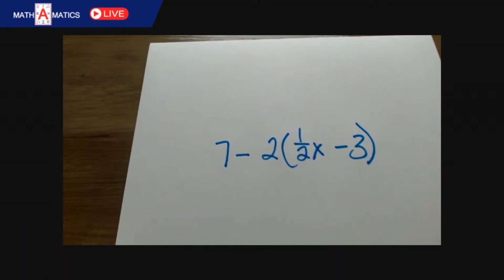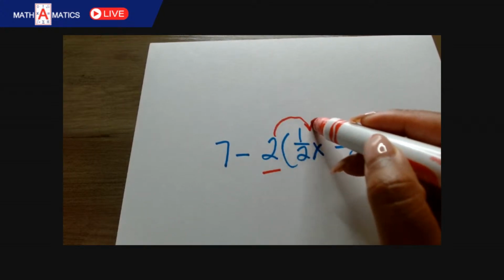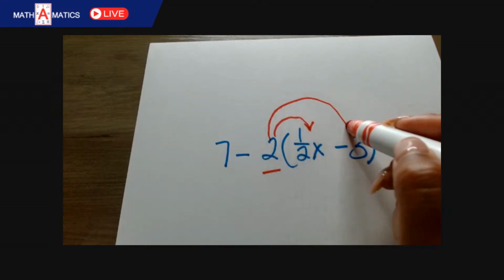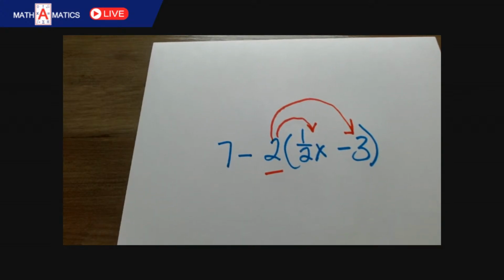So now we have 7 minus 2 times 1/2 x minus 3. And we all know we first want to start off with that distribution. So we're going to distribute this 2 to both of our numbers. And I know somebody might pause and say, how am I going to multiply that 2 by that 1/2?